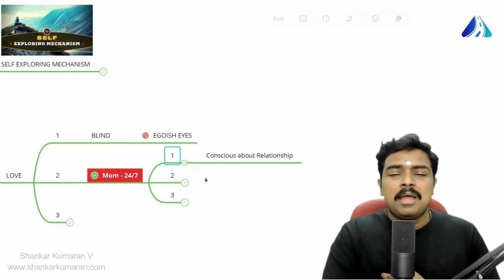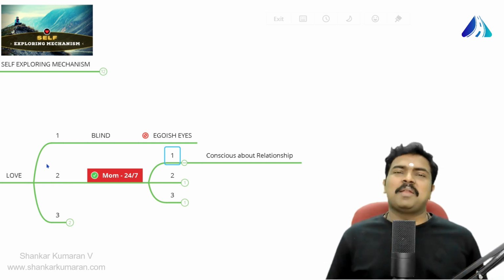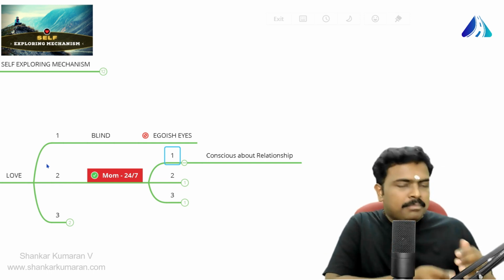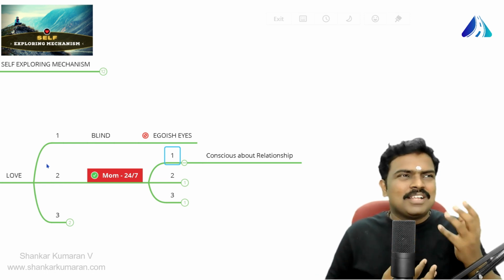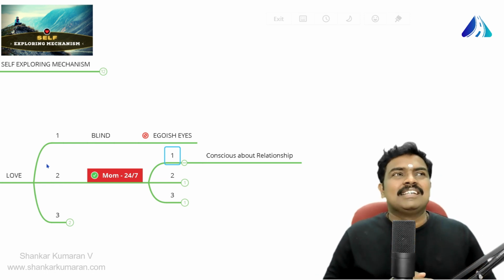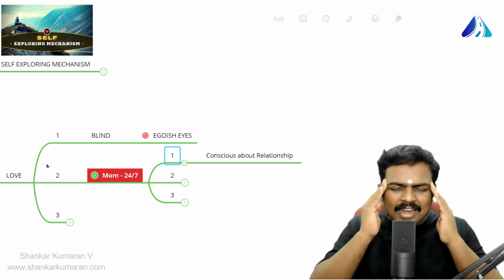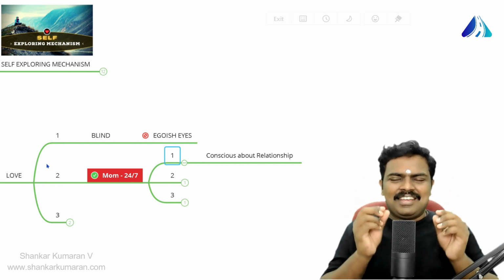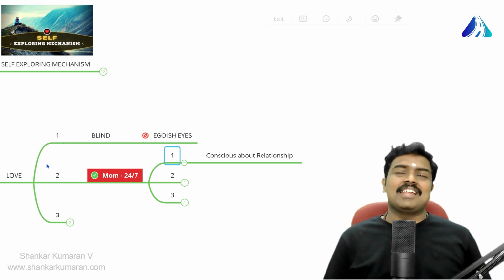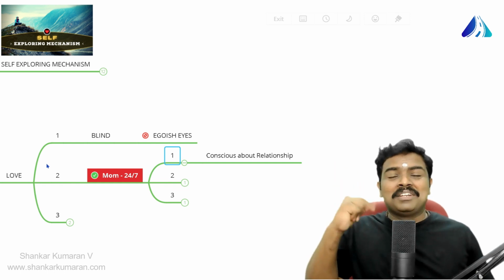The first one is, mother is conscious about her relationship with her children. Whether it is a small baby or a grown up, mother is always a mother. Correct? If you watch a mother who is sleeping in the third room, she will always think about her child. And if a small mild cry or the initiation of a child's cry comes, mother will wake up in the third room.